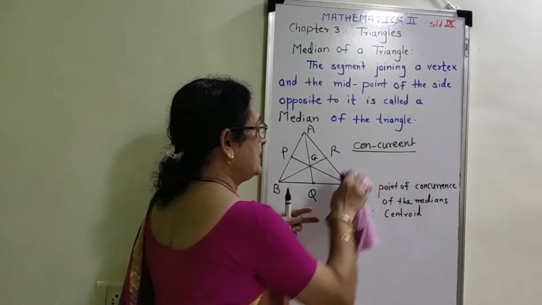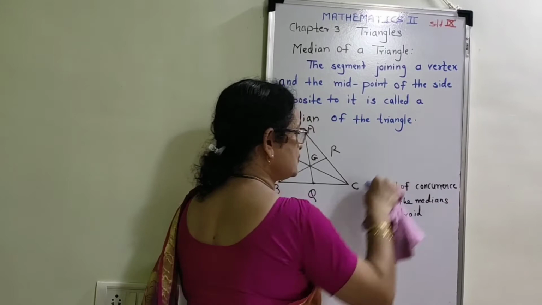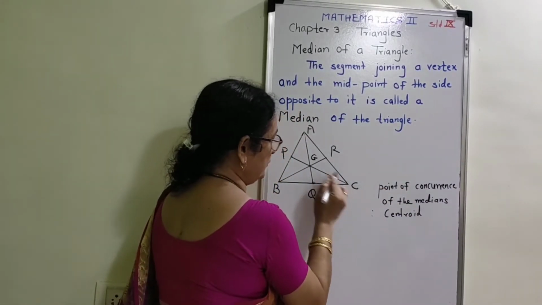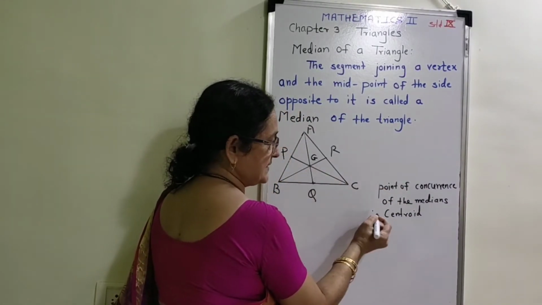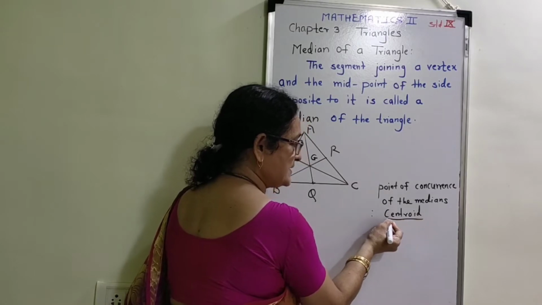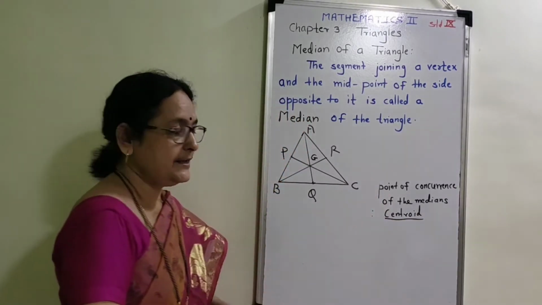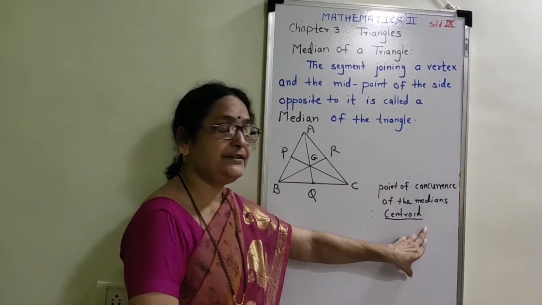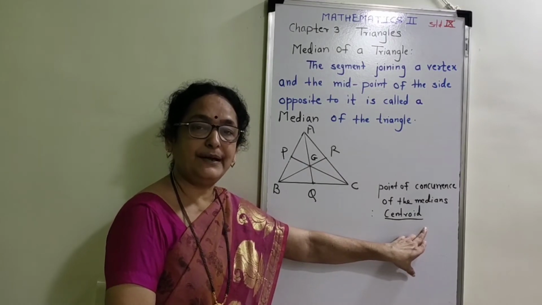Now here point G is said to be the point of concurrence of these medians, and for medians the point of concurrence is said to be the centroid.